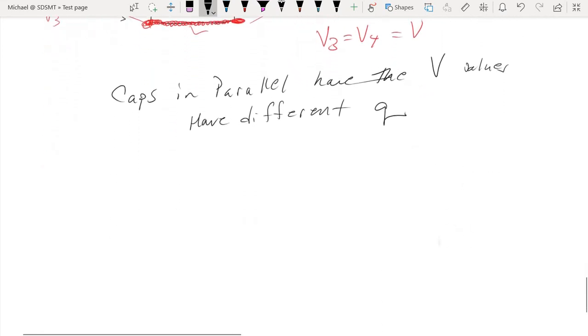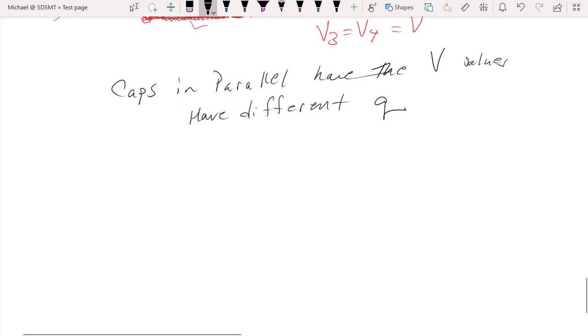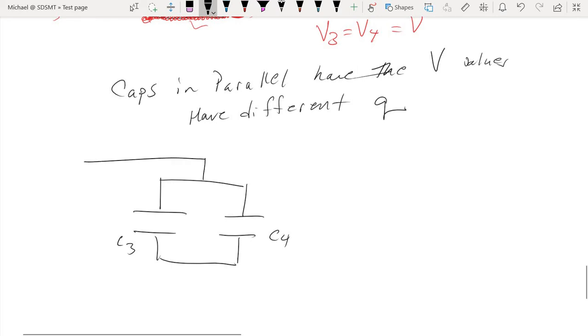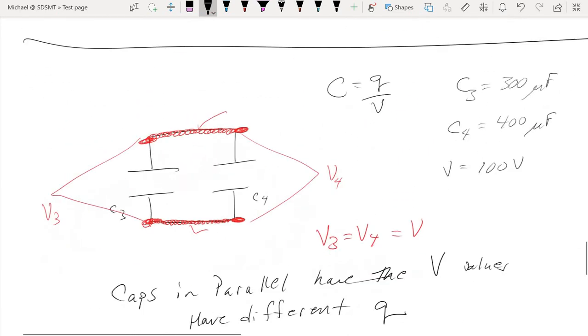So time to figure out some values now. We have our values for capacitor 3 and capacitor 4. We know they're connected in parallel, and I'm going to connect that system of capacitors to our 100-volt battery.